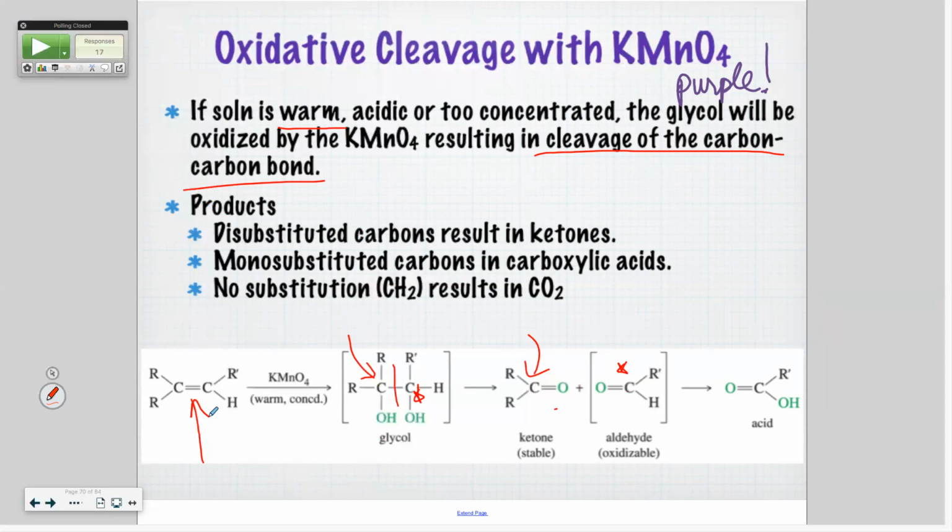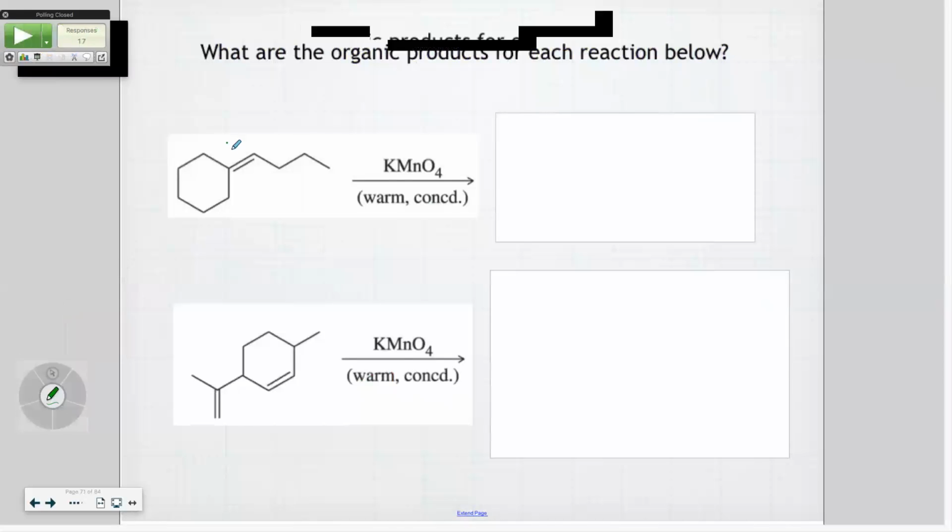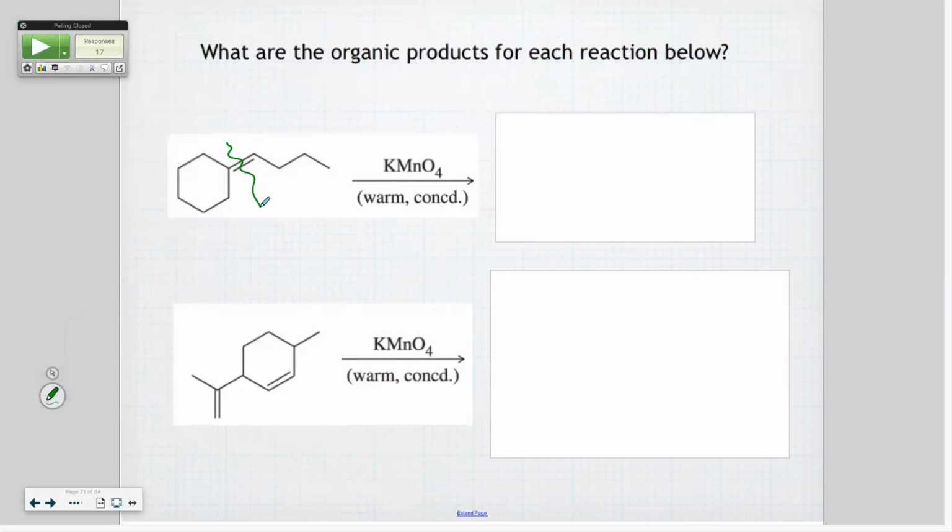Okay, so let's look at some examples. So look at this one. Notice it says warm concentrated on your arrow. Okay, you'll typically see that. So we're going to take this and we're going to cleave it. Where are we going to cut the molecule? At the double bond. Okay, so what do we get from the left side of the double bond?